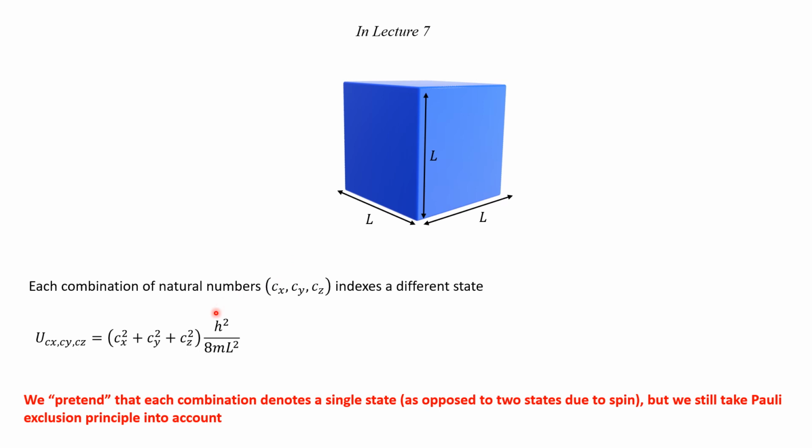So to make it clear, we're going to ignore the spin in the sense that we're going to pretend that each combination of natural numbers denotes only one state as opposed to two states due to the spin. But we're going to take it into consideration in an indirect way because we're going to consider Pauli exclusion principle in our discussion. Okay?